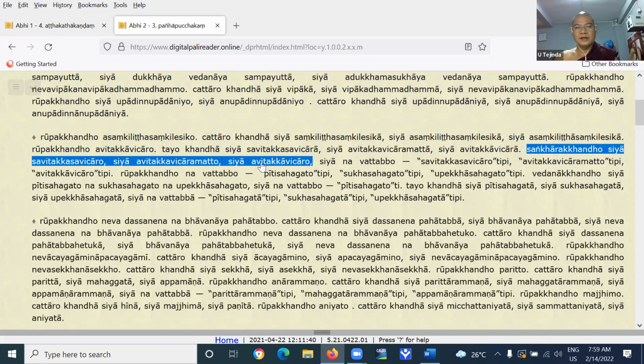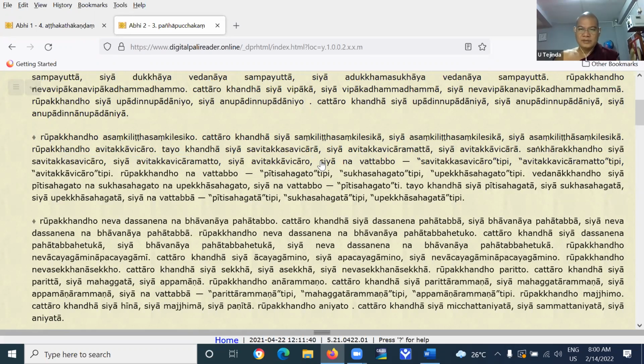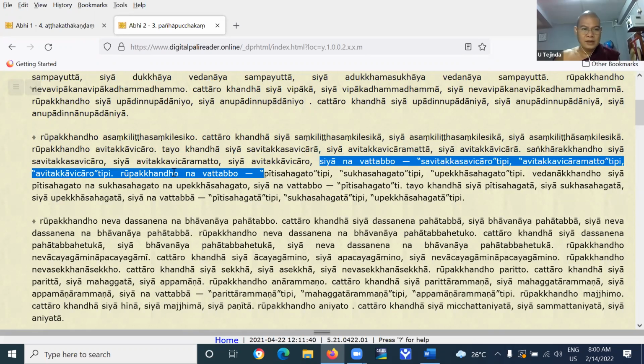So we take here Avitaka Avichara Sankhara Khanda. We take the Sankhara Khanda Arase, the 55 Avitaka Avichara. Then we have 11 Vichara Arase, the second 11 Jhana Cetas. Savitaka Savicharo, Avitaka Vicharo, Avitaka Avicharo.